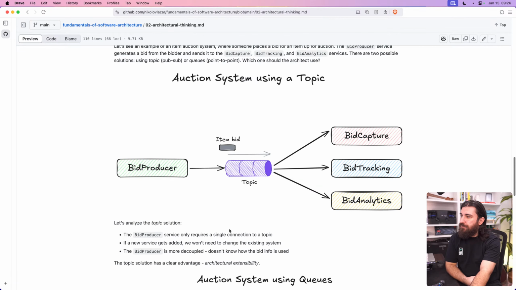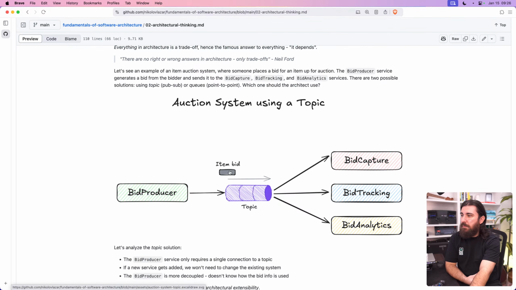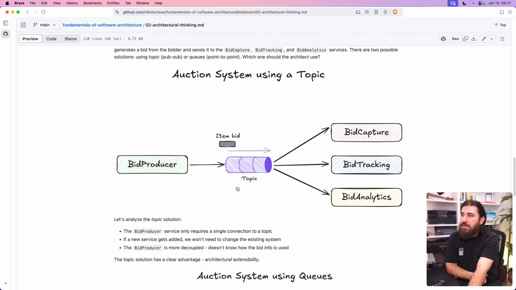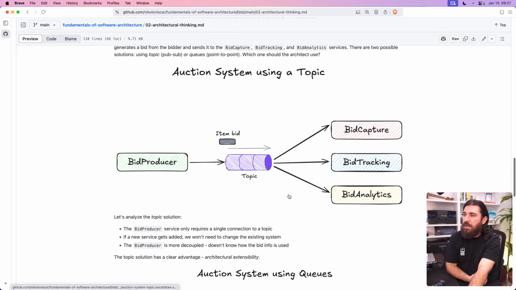In this case, the bid producer sends the bid to the topic, or to the, I think it was called, broker. Anyone can subscribe to the topic and get the data, right? The broker doesn't actually pick which consumer can consume, I think. So out of the box, this can be a security issue.